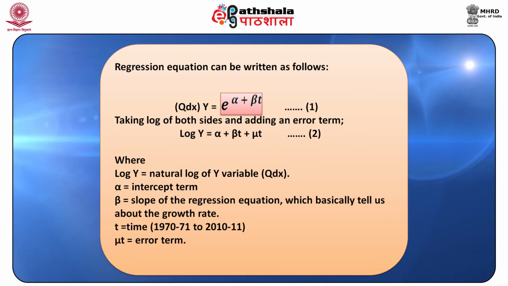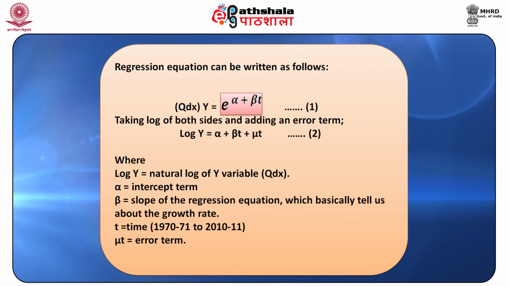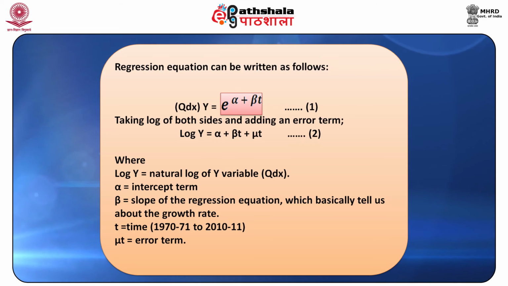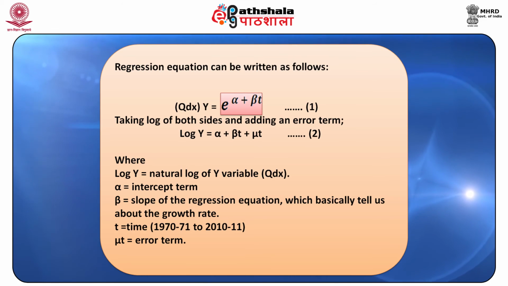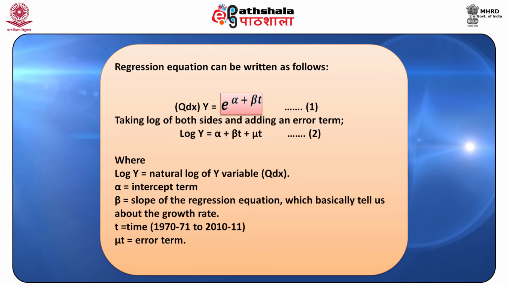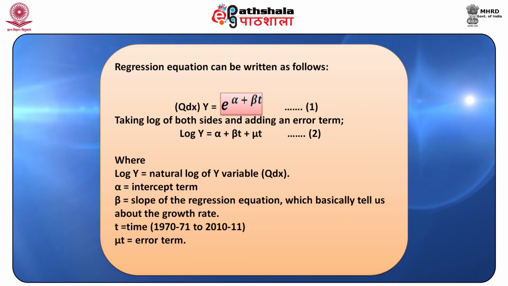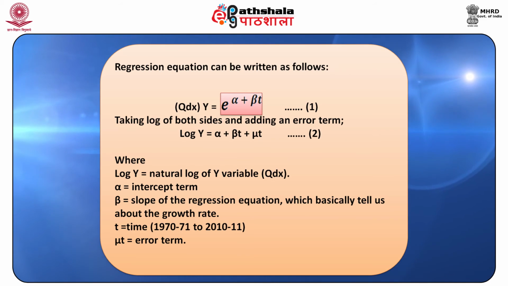Equation 2, where log Y is equal to the natural log of the Y variable, QDX, alpha is equal to the intercept term, beta is equal to the slope of the regression equation, which basically tells us about the growth rate. T is equal to time, which is from 1970-71 to 2010-2011. ut is the error term.